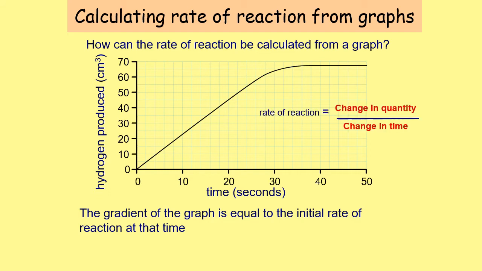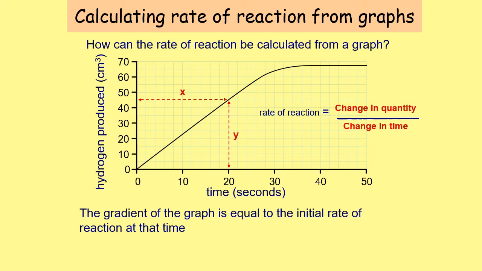Rate of reaction is change in quantity divided by change in time. So if we go along to 20 seconds, that is the amount of time that's passed. So from the start of the reaction to 20 seconds, the change in time is 20 seconds. If we go up from 20 seconds to the graph line, and then across from our graph line to the y-axis, we can see that about 45 centimeters cubed of gas has been produced in that amount of time.